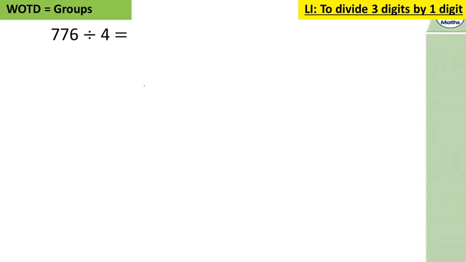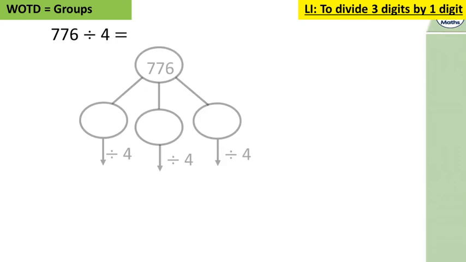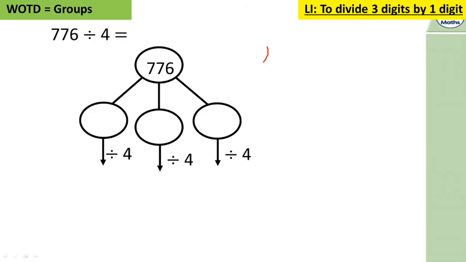Okay, so now we have 776 divided by 4. We're going to look at this using the part-whole method and the bus-stop method. 776 divided by 4. So how many 4s go into 700?